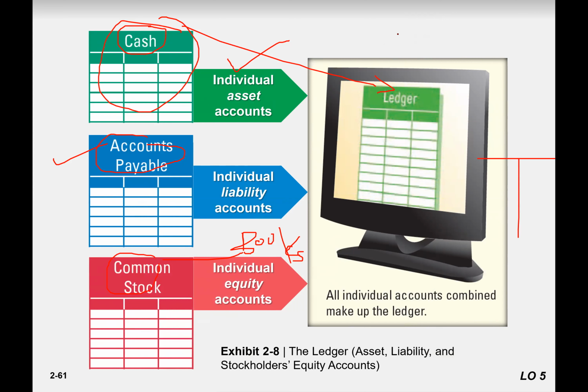So when a transaction happens, the first step is to journalize the entry, and second, record that entry into the books of accounts, or in ledgers, or in T accounts. So transferring the transaction to the T account is called posting.